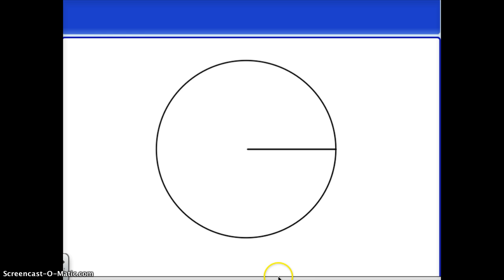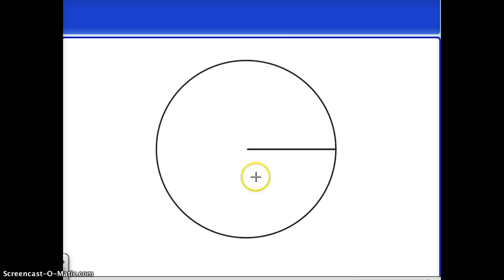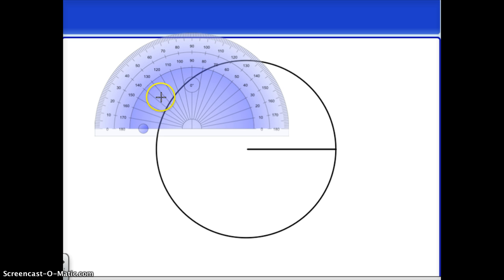Now we need to use our chart and graph and measure the degrees for each of the individual angle measurements. Looking at our chart, we go back up and we see that our first 30-34 category has 43 degrees as an angle. So we go to our circle, we need a protractor, we have our protractor.